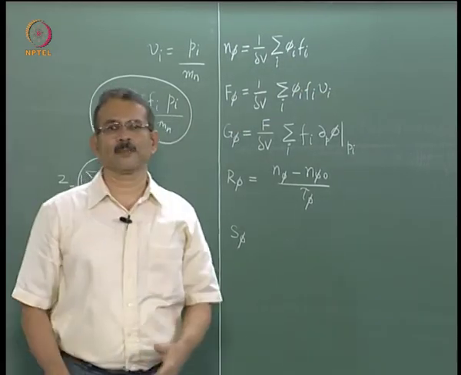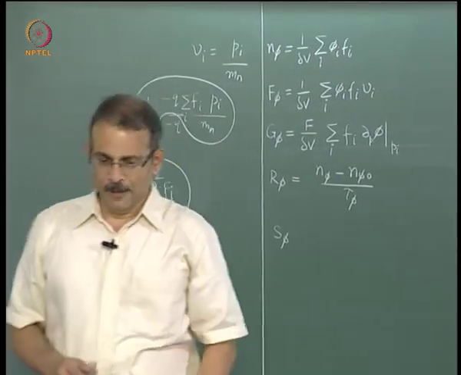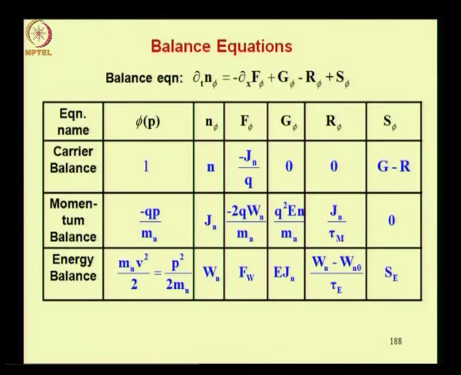We have written down this expression in the previous lecture. For F phi, we are not writing any expression, we are just leaving it as the flux of kinetic energy, shown here with the symbol F suffix W. We will discuss shortly what we do with this term.